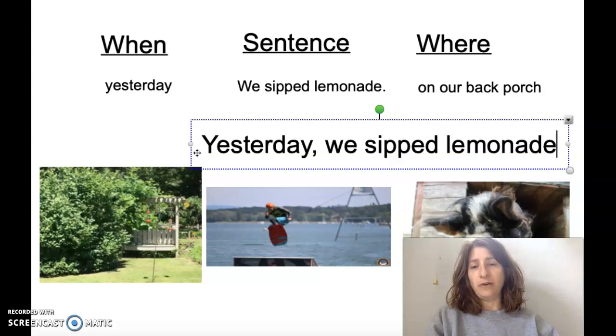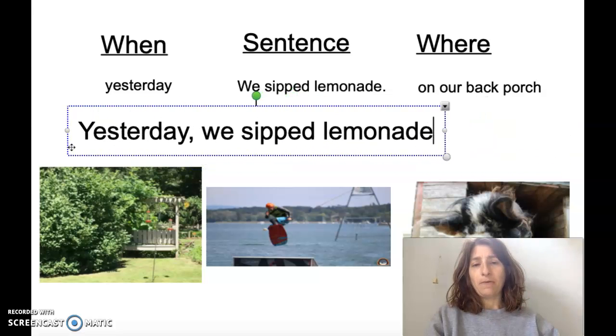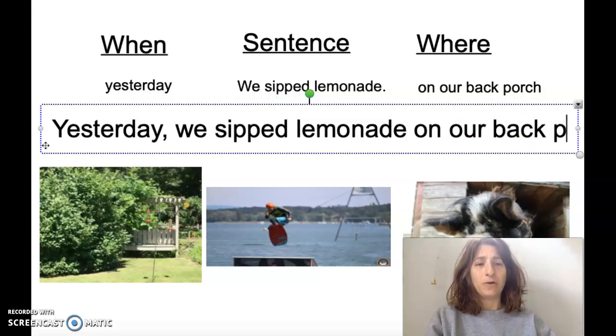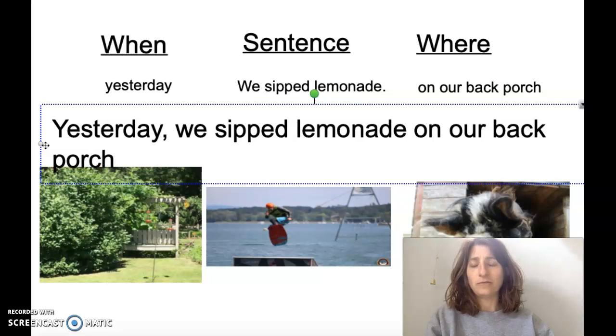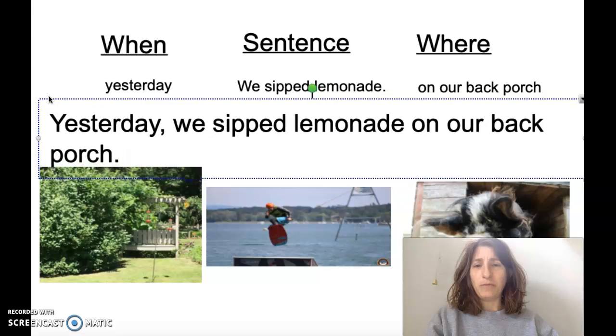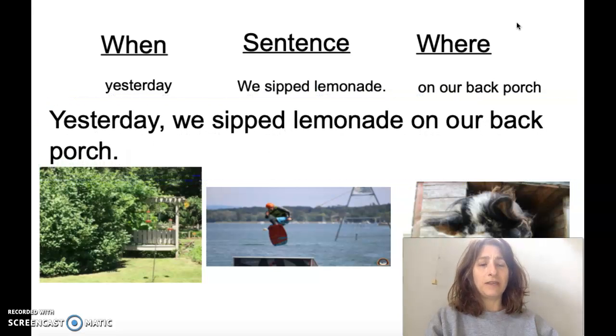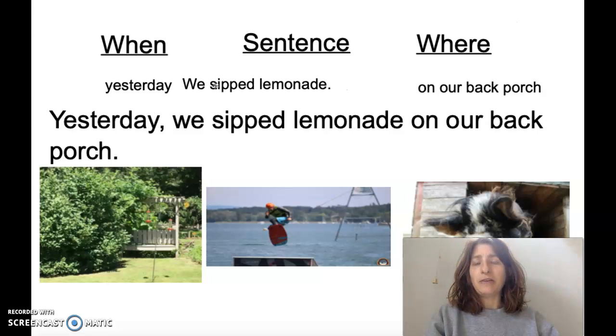Where did we do it? Well, we sipped it on our back porch. That sentence tells us a couple parts. Now, we could switch around some of these parts and it would still make sense. Let me put it here at the top for you.